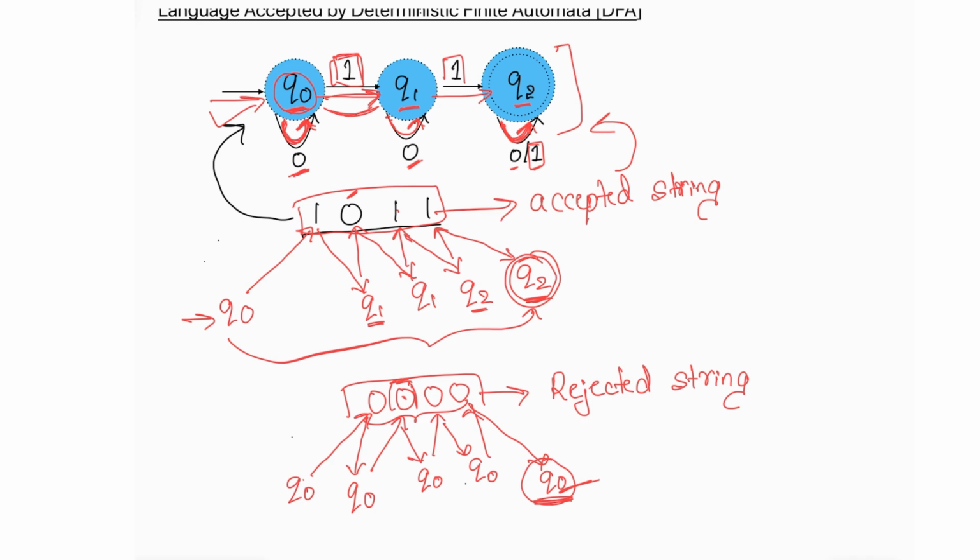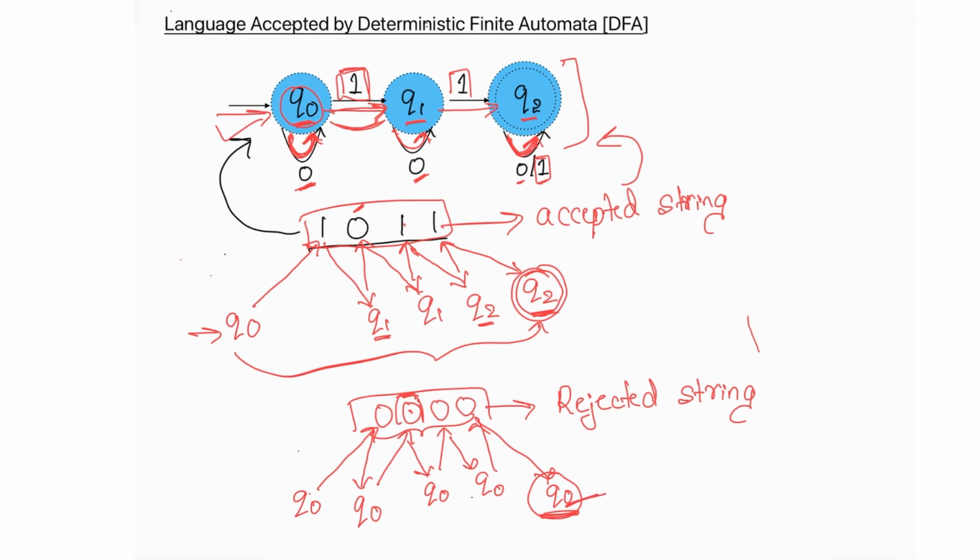So this is the method to check whether the given string is going to be accepted by the DFA or not. We start from the start state Q0, then pass the individual symbols within the given string, and ultimately the state we reach should be a final state.